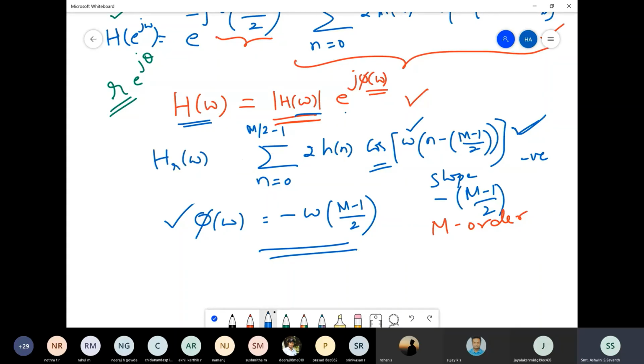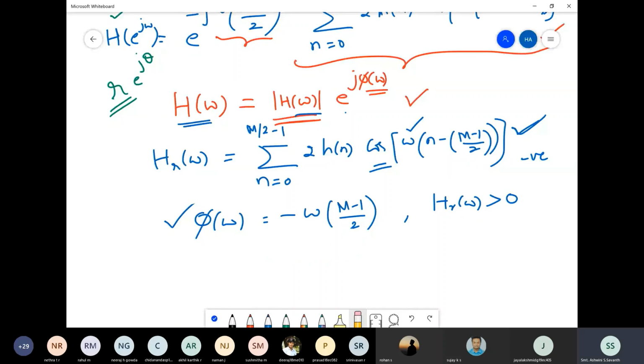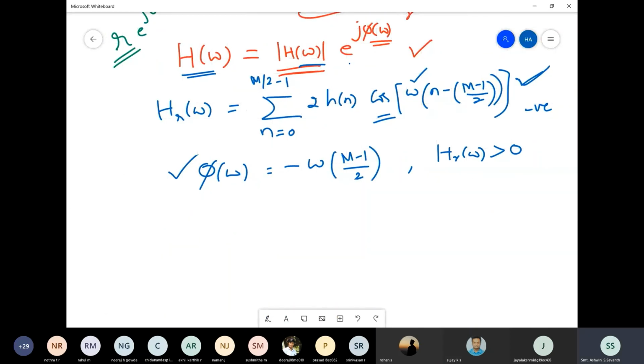We write it as HR of omega to indicate this. So if your HR of omega is positive, that is greater than 0, then this is the phase value. Now suppose your HR of omega is negative. Let's say, okay, so you'll have a -1 here, right?